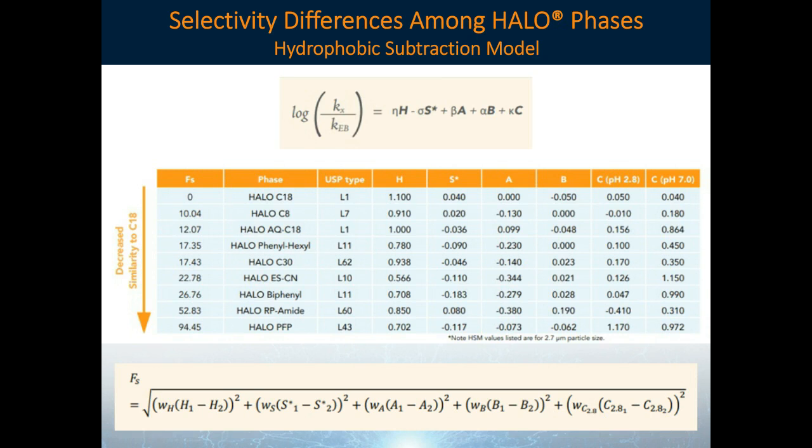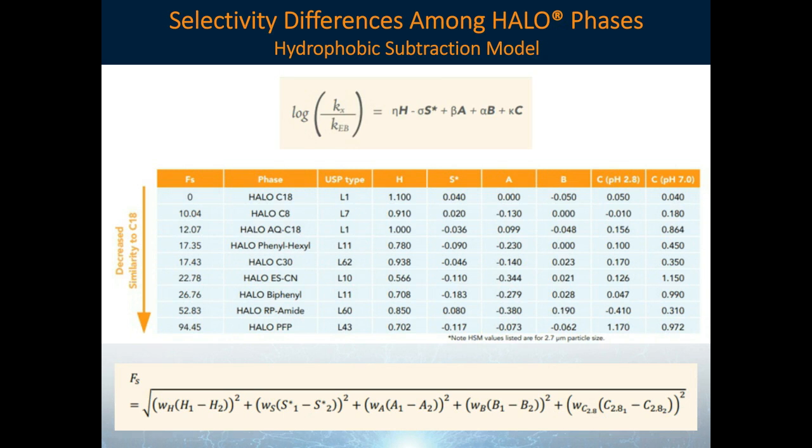The combination of those parameters, along with the parameters that characterize a solute, is then related to the solute's retention, and that's the Kx in the equation at the top there, relative to the retention of ethylbenzene. That's the Keb.